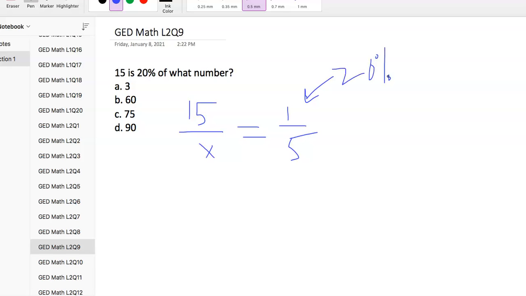Being able to connect those dots and say 20% is 1/5 is important. Then it's 15 is 20% of some number. Once we've done this, we can just cross multiply. X times 1 is just x. 15 times 5 is 75. So we're saying 15 is 20% of 75. That's correct: 15 over 75 equals 1 over 5.